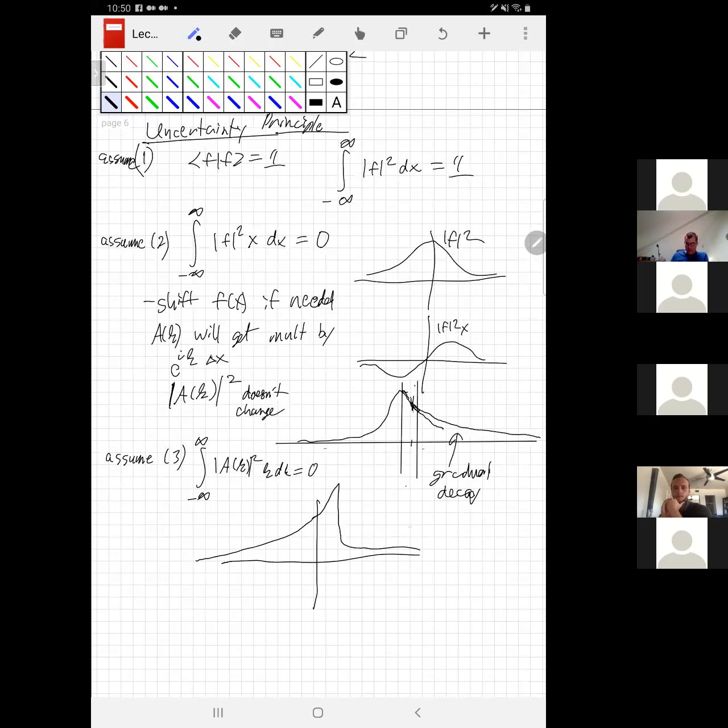Here's a Fourier transform that might have that property. Even though it's asymmetric, it's got a long tail here, which is going to give you a lot of area here, and it's got a spike here and then a smaller tail. So these two things might kind of cancel out, and we might still get that the integral of k times a squared of k is 0. It's possible, it's not guaranteed.